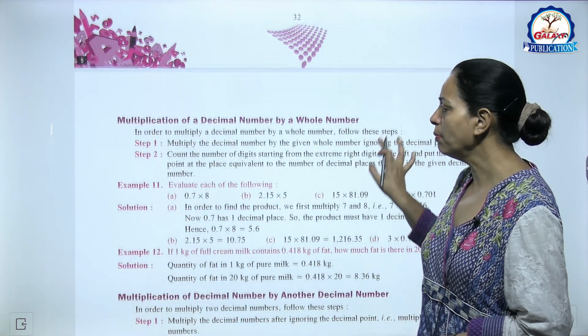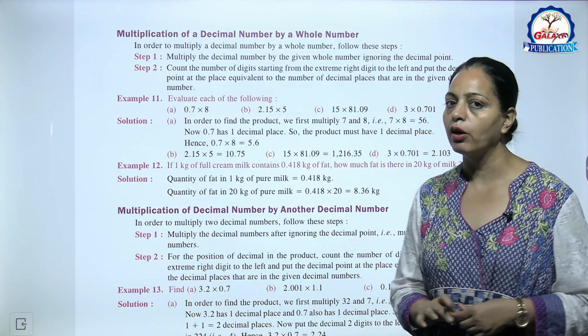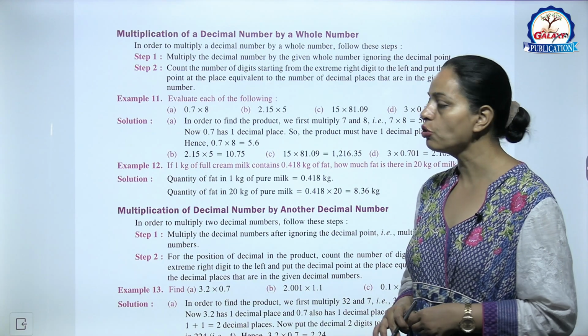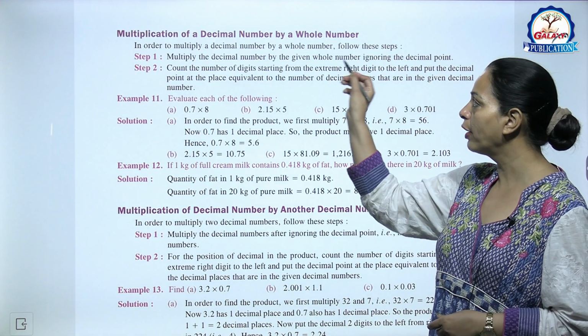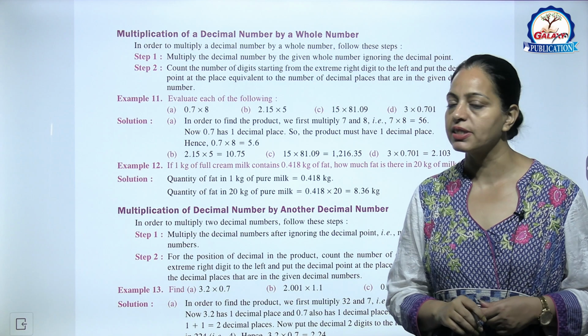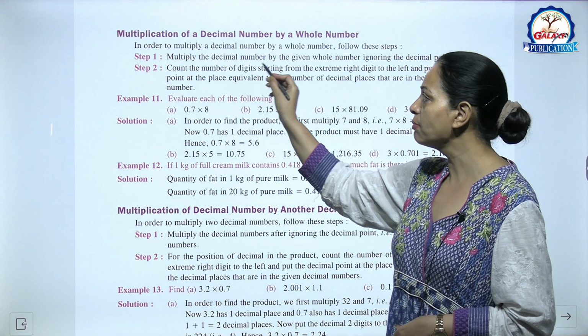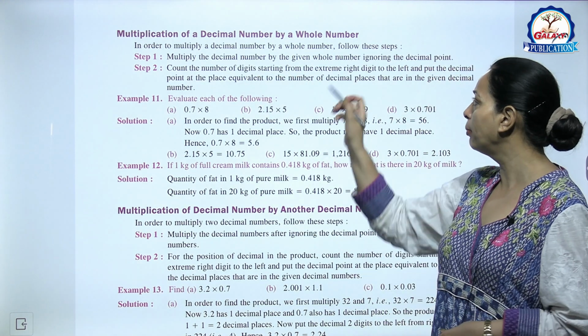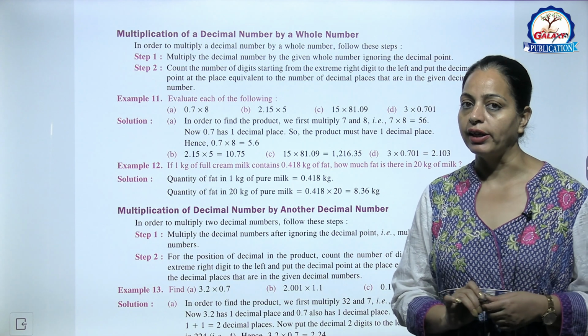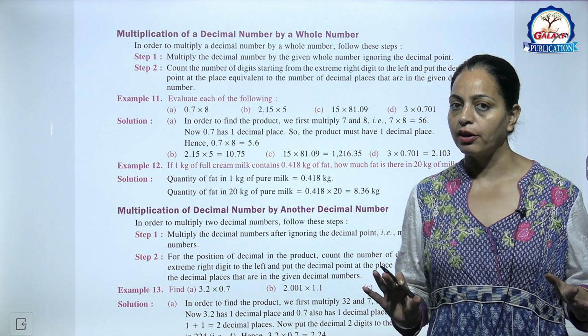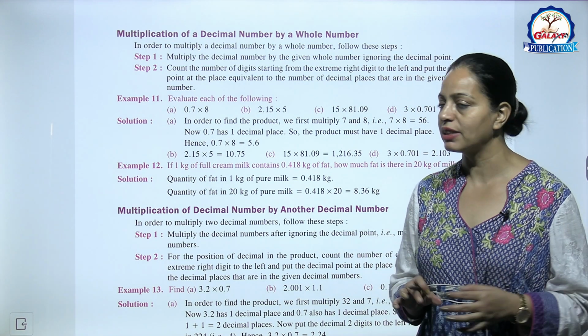The next, multiplication of a decimal number by a whole number. In order to multiply a decimal number by a whole number, follow these steps. Step 1. Multiply the decimal number by the given whole number, ignoring the decimal point. First आप simply multiply कर दो, just don't bother about the decimal point.